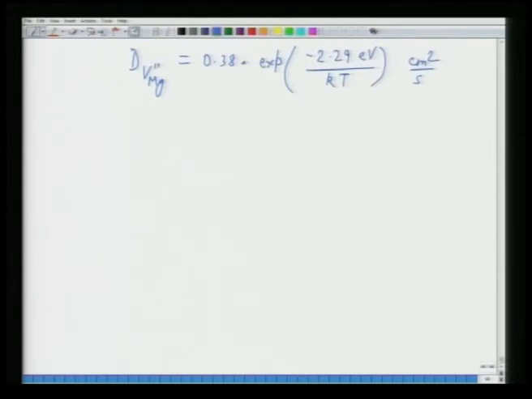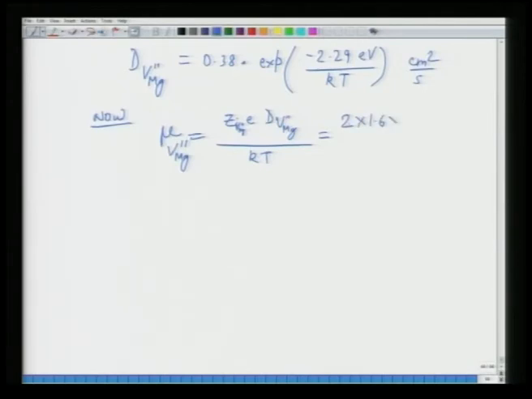So, what is mobility? From the Nernst-Einstein relationship, you know that mu_Vmg will be Z e D_Vmg divided by kT, and I know that for Vmg, Z is equal to 2.